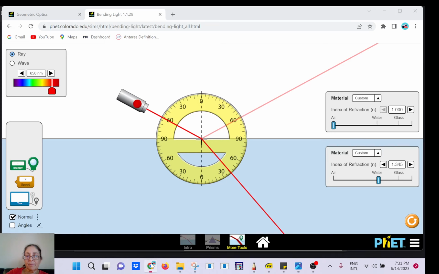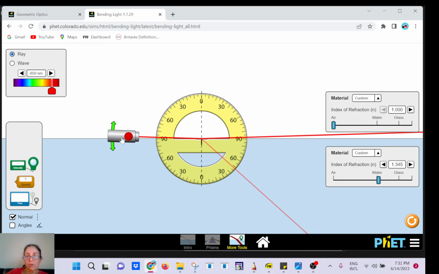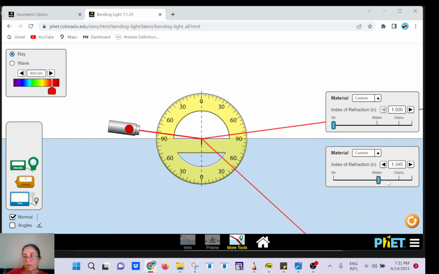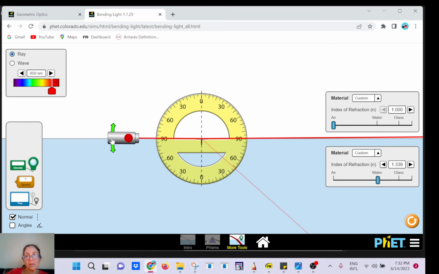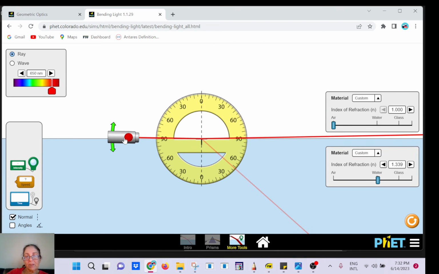Okay? Because here, for example, if I go to 90 degrees, let's take water exactly. If the incidence angle is 90 degrees, the angle of refraction will be about 48 degrees.